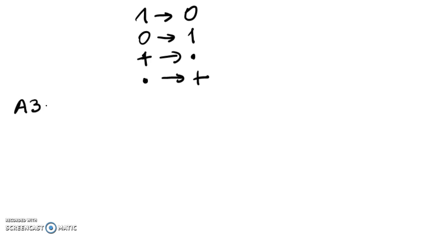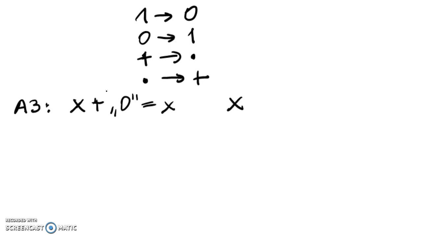Axioms can also be memorized by memorizing only half of them. For example, if you've got A3, as you remember, X, or A, doesn't matter, plus 0 equals X. Okay, and let's do the substitution.